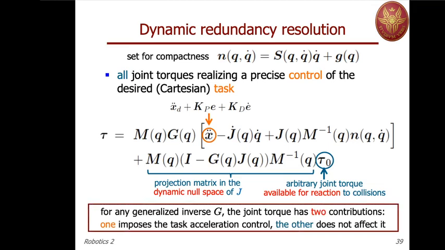So the outcome of this very quick analysis is that when you choose any generalized inverse, the joint torque tau may have these two contributions. The one for performing accurately task acceleration control, the other that does not affect the original task, but is used, for instance, for reacting to collision.